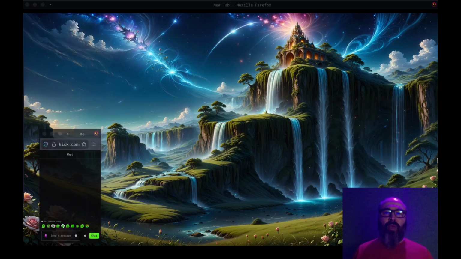So yeah, I'm back once again on my old MacBook Air of 2012, running EndeavourOS, an Arch Linux-based distribution.